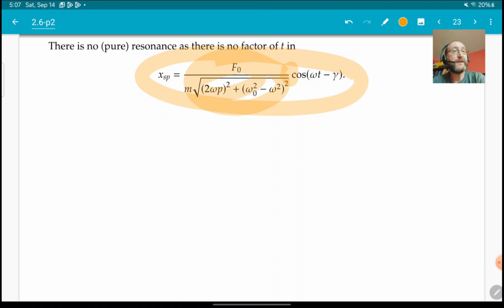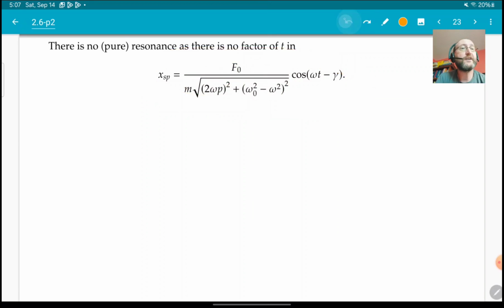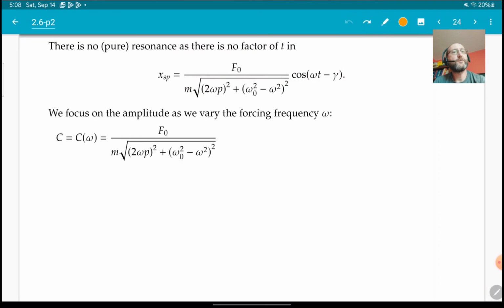It has some fixed amplitude, and that could be larger or smaller depending on the omega. So we're going to look at the amplitude over here, and at what it does as we vary the forcing frequency omega.